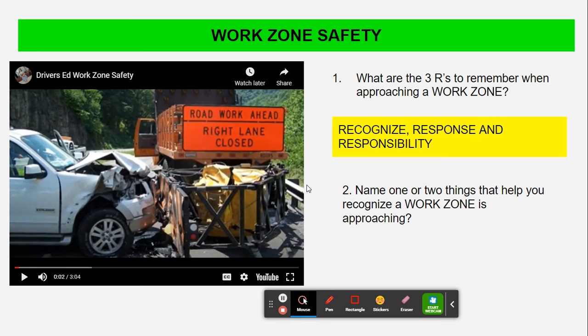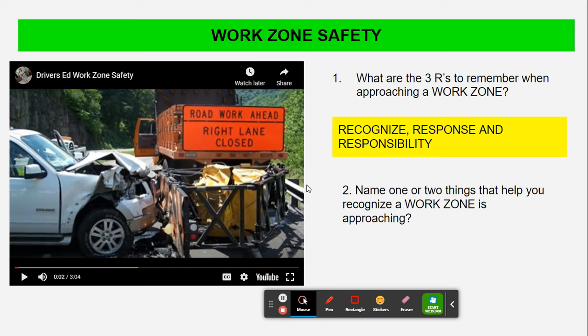Okay. Once we do, we need to react or respond to the work zone environment, right? So what's our first thing we need to do? We need to bring our car down to speed. Okay, work zones are typically no more than 40, sometimes they're 55 miles per hour. Assume that it's going to be 45 miles per hour.